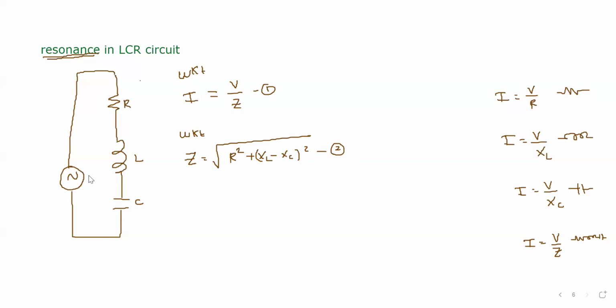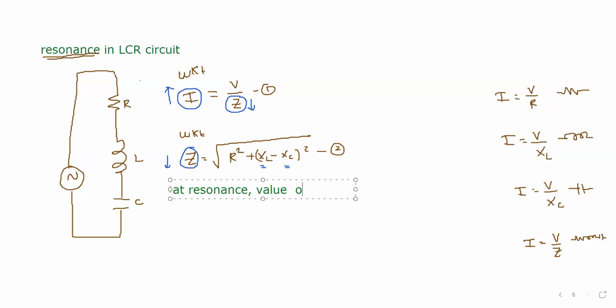So, very important, resonance condition like current maximum. Current maximum இருக்கணும்னா Z should be minimum. Okay. To get Z is equal to minimum, condition is XL is equal to XC இருக்கும். So, I write the condition. At resonance, value of current is maximum.